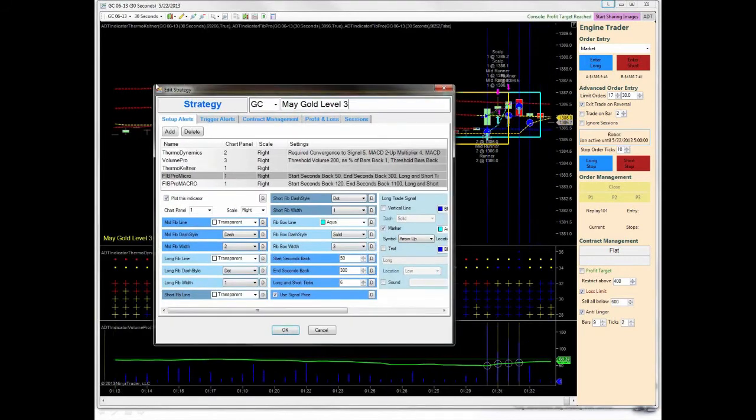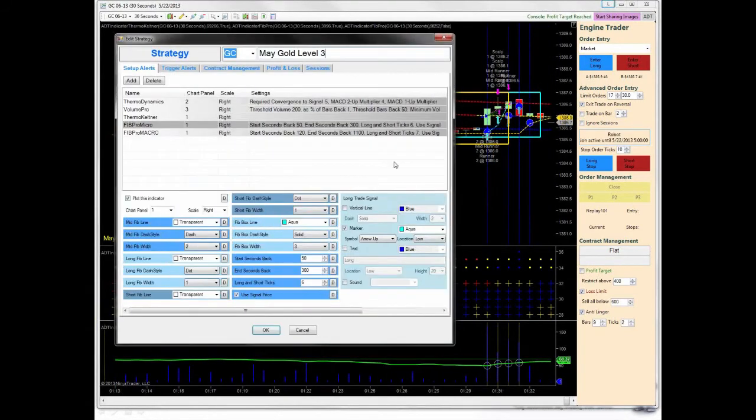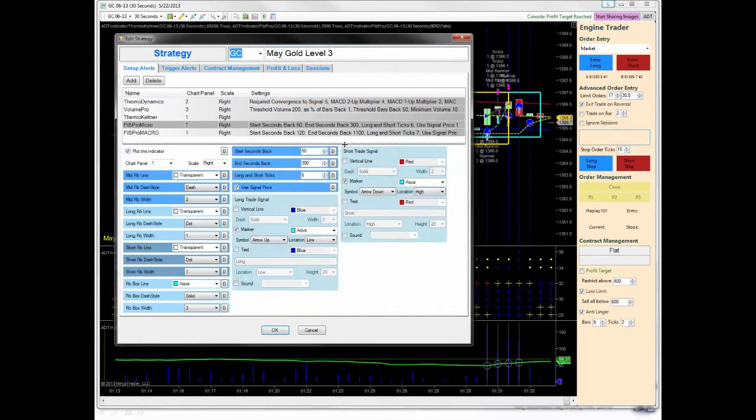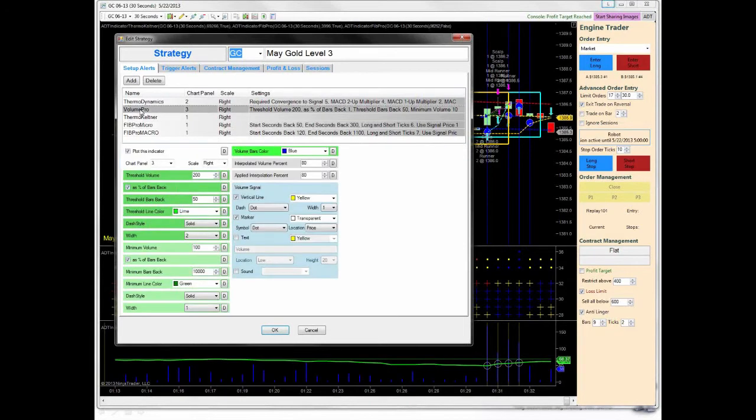What I've dragged over here is the strategy that's running. And again, you define it over in the strategy management console. And I was saying earlier that the circle that's shown on the volume indicator is programmed in. Well, if I go back and look at the volume indicator over here, you can see that the signal in the blue rectangle area here says, when it signals, give me a vertical line, this yellow.